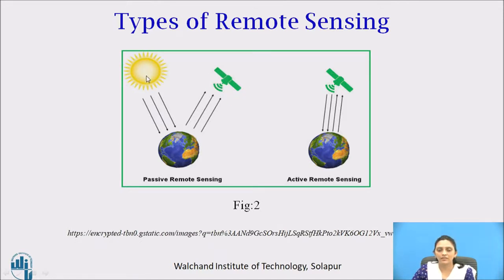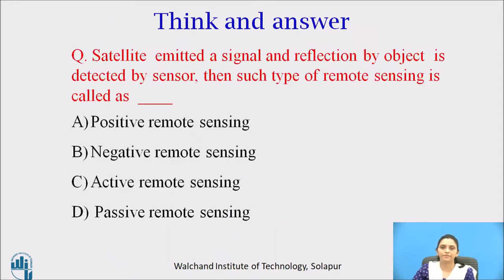So, here the sun is used for energy, so it is called passive remote sensing. And in the second image, rays are falling from the satellite itself, and the sensor of the satellite is capturing those reflected rays. This is called active remote sensing.